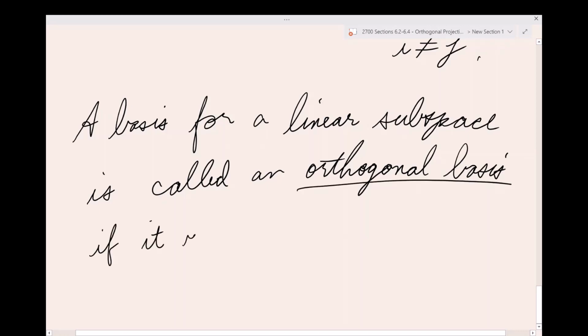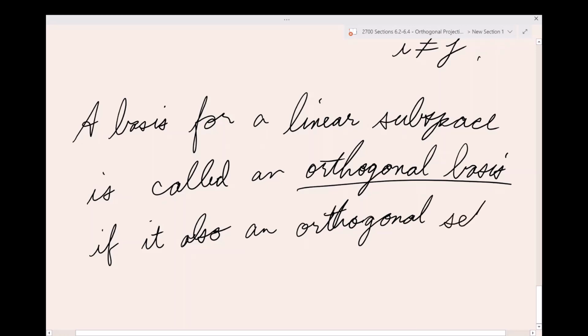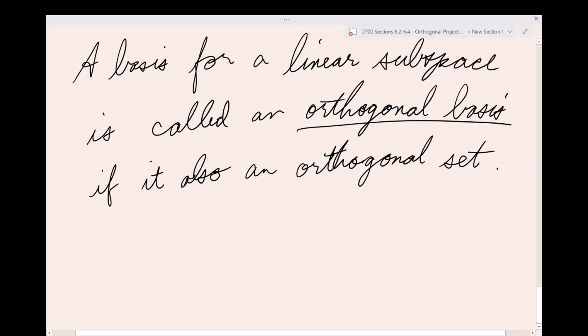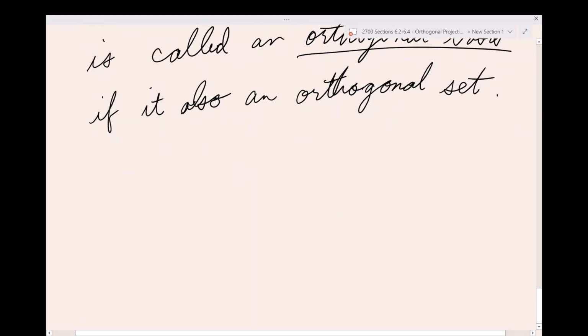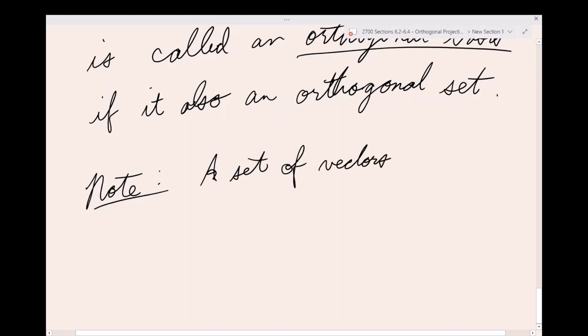If it is also an orthogonal set. And there's also easy ways you could check if a set of vectors is orthogonal. So in particular, note a set of vectors, let's say u1, u2, up to some un.